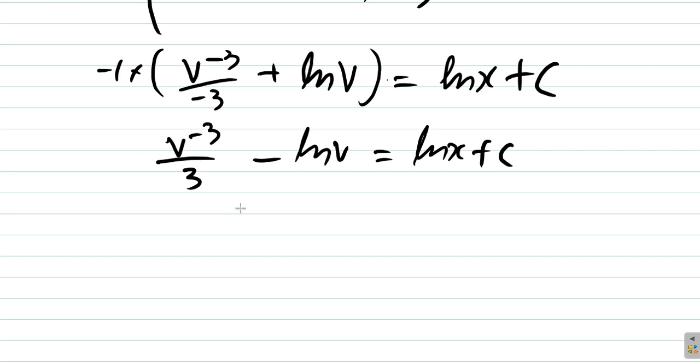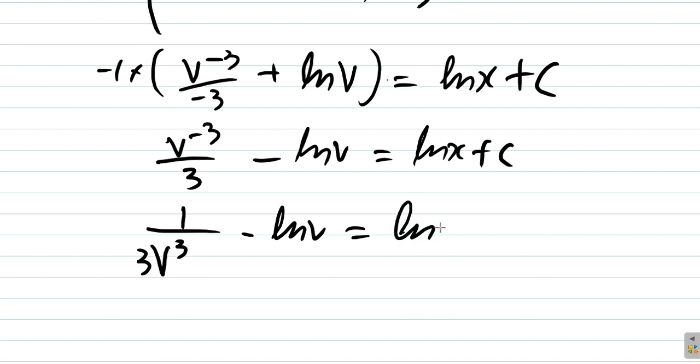Okay. If you consider writing this now, 1 over 3v cubed minus ln v equals ln x plus c.